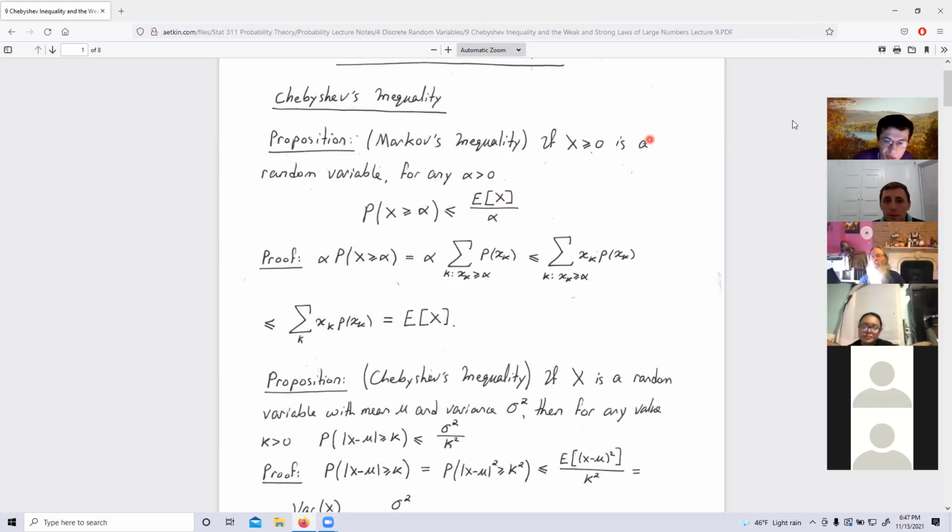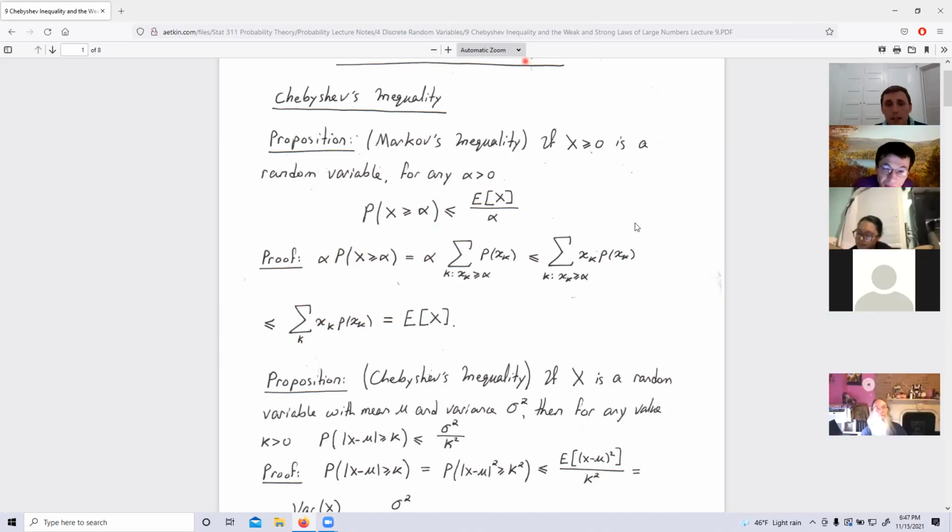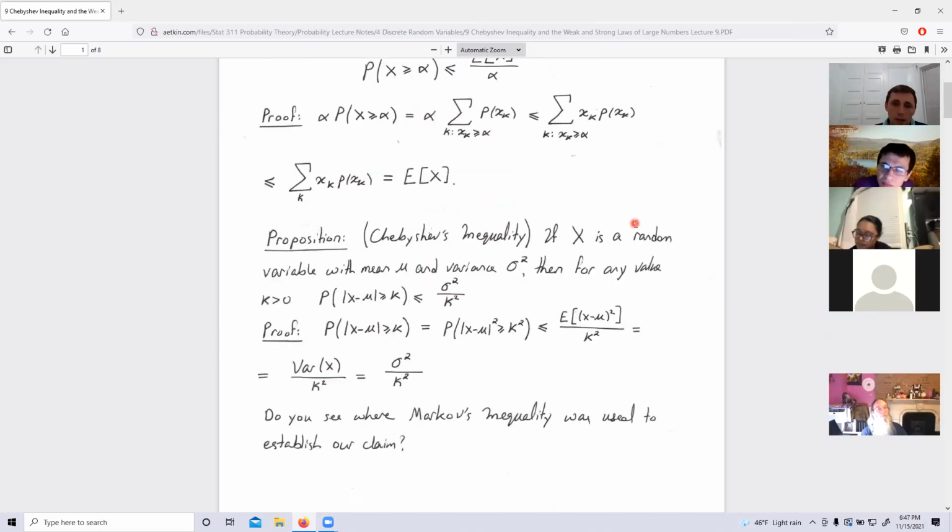Good. And then we can modify this and state Chebyshev's inequality. If X is a random variable with mean mu and variance sigma squared, then for any value K bigger than 0, the probability that the absolute value of X minus mu is bigger than or equal to K is less than the variance divided by K squared.